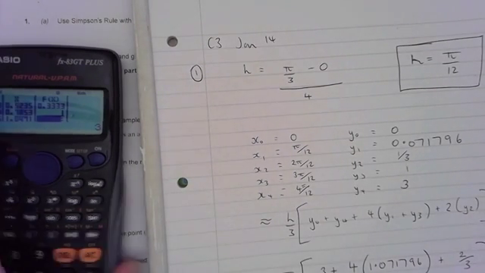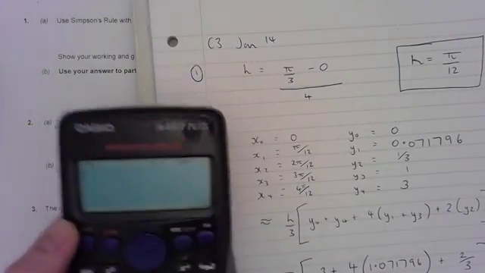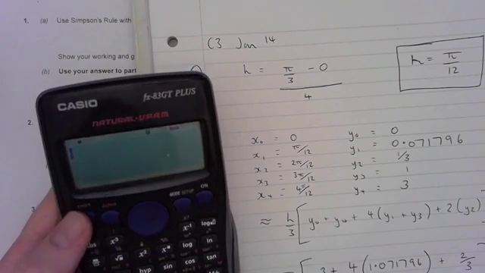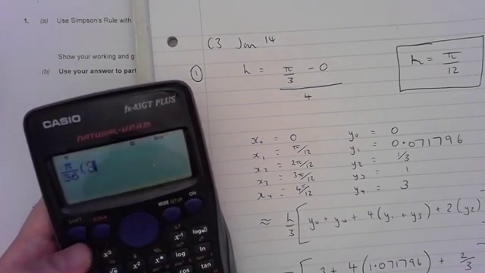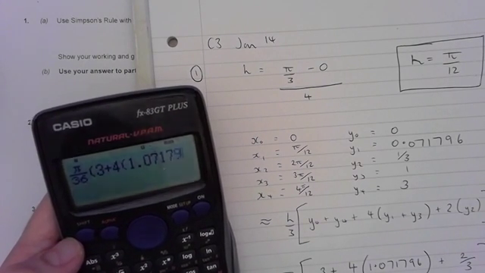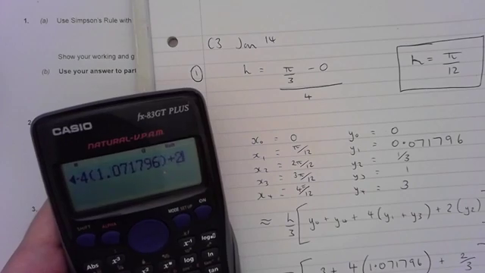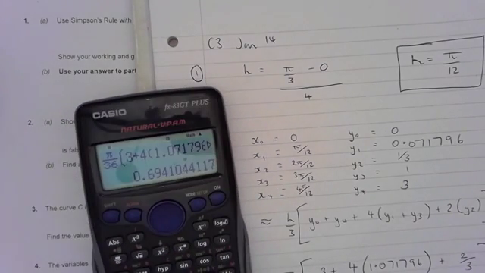And that's going to go in my calculator. So take it out of table mode, so mode 1 or shift 9 3 equals pi by 36, 3 plus 4 lots of 1.071796, and plus 2/3 is that number there.